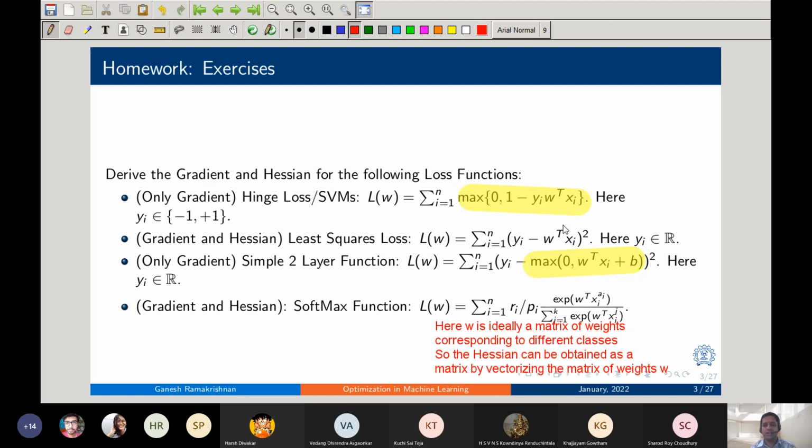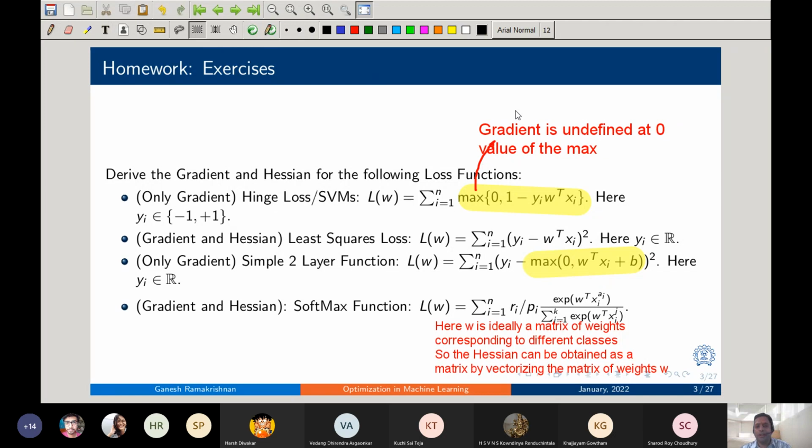So where is the gradient undefined here? The gradient is undefined where this max takes a 0 value, wherever the max becomes 0.